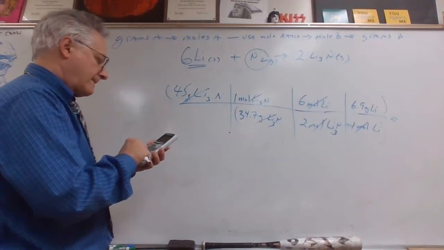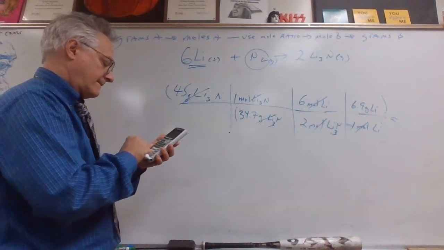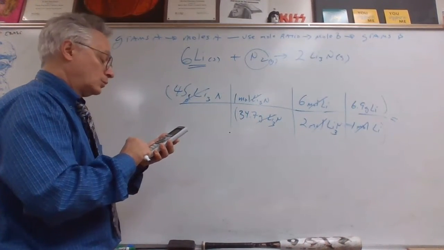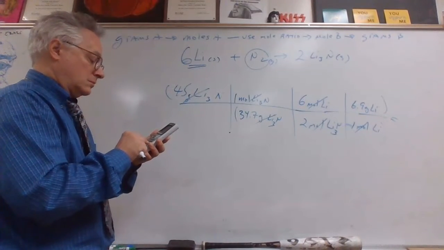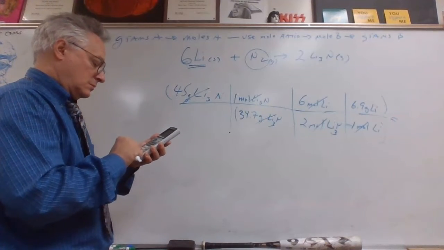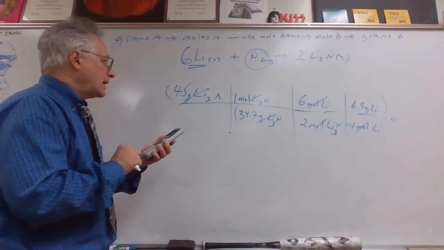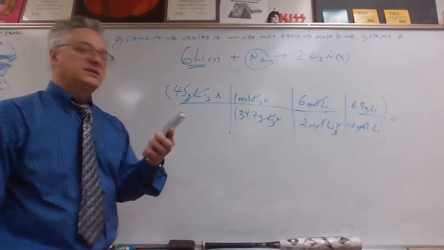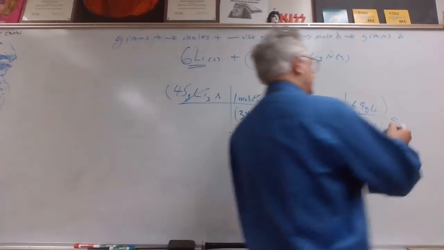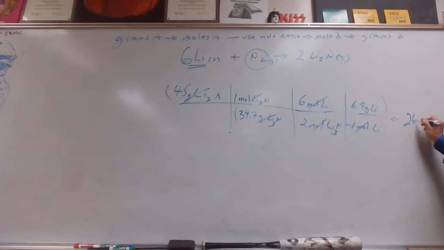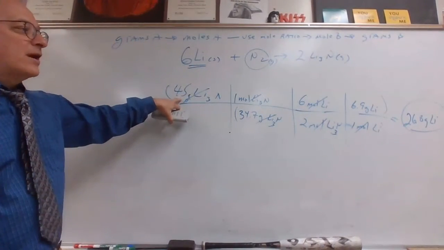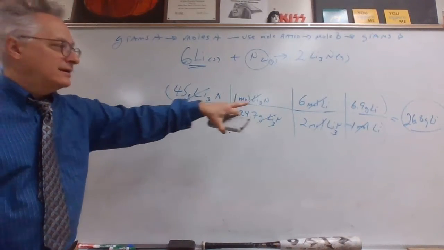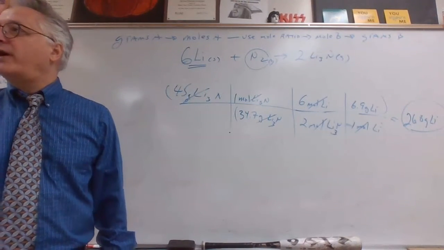So 45. And I get an answer that we need 26.8 grams of lithium. So in other words, in order for us to make 45 grams of that, we're going to need 26.8 grams of lithium.